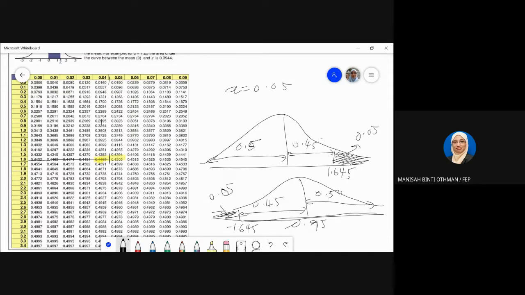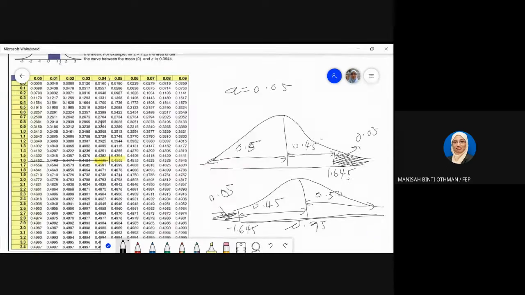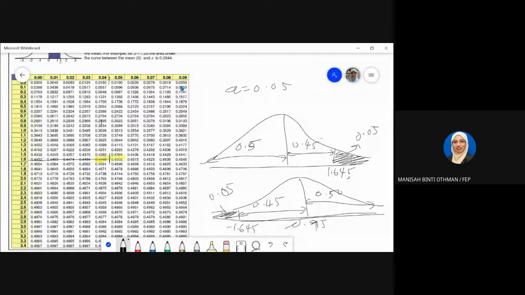That's how you refer to the table for one tail. Any question? Okay, no question. So I will show you the example for one tail.